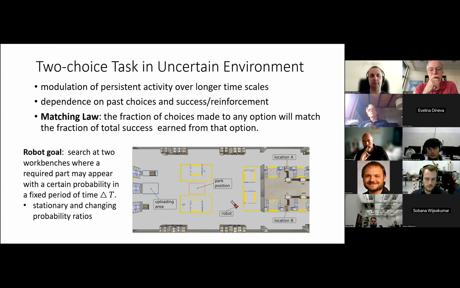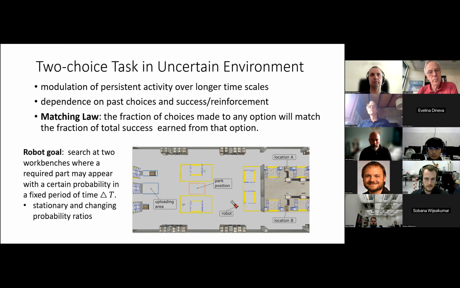What we wanted to show is that in stationary environments, the known matching law is the optimal behavior. The fraction of choices made to an option will match the fraction of total successes or reinforcements earned from that option. And of course, the decision in this uncertain environment depends on past choices and past successes.